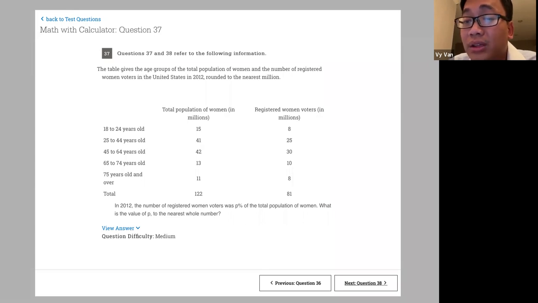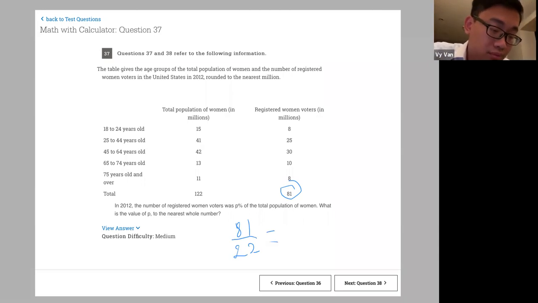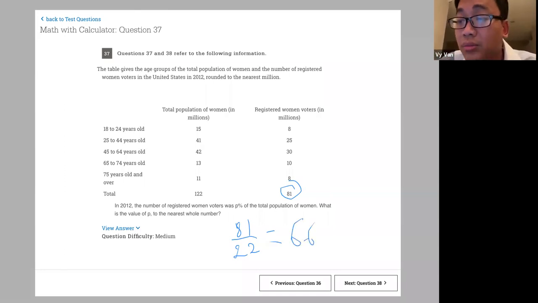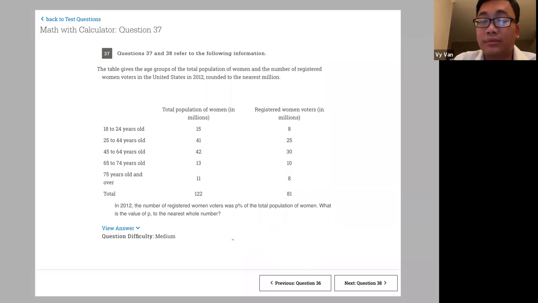So we want 81 over 122, which equals 66.3. So make sure you multiply. They said nearest whole number, so you round this to 66. The answer is 66.